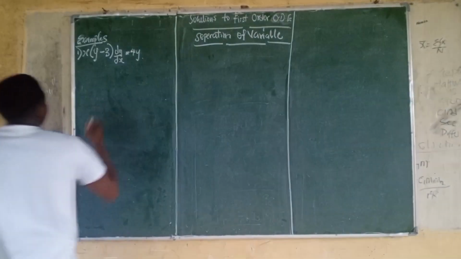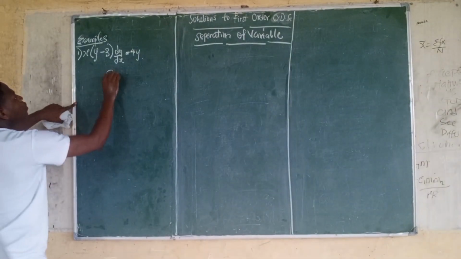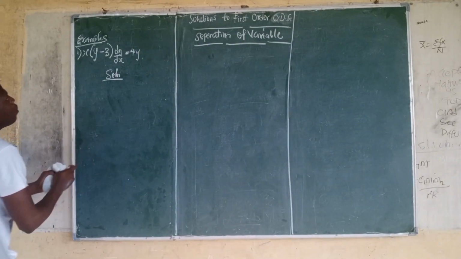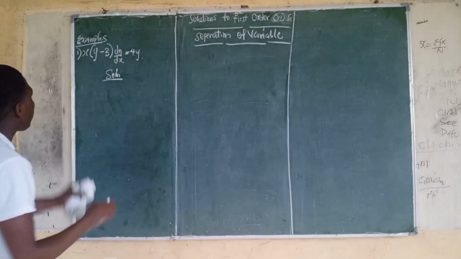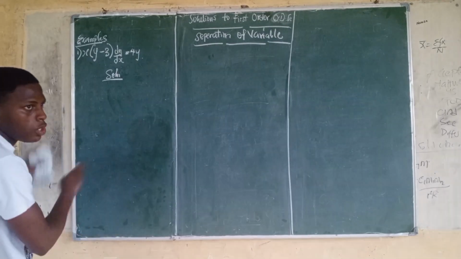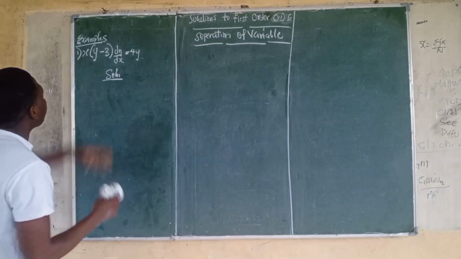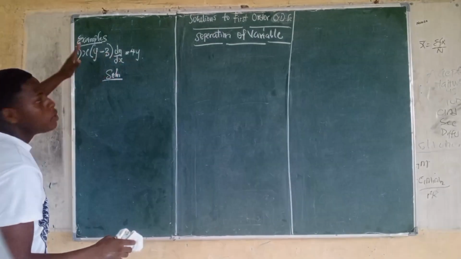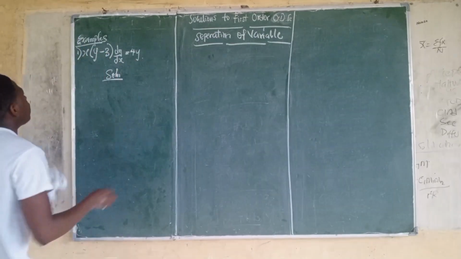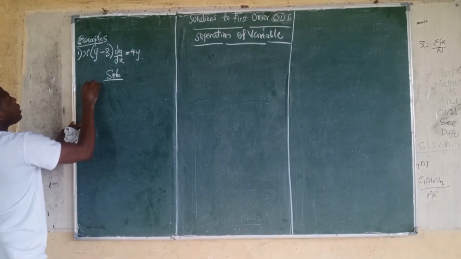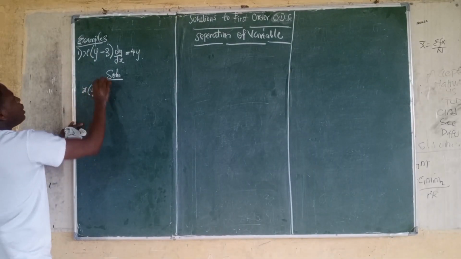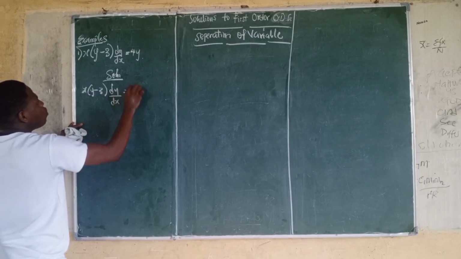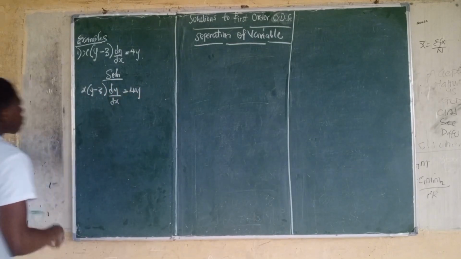Now, if you want to group this, the first thing is to group all those variables of y to one side and group those variables of x to the other side. Let's say we are grouping x to the right hand side and we are grouping y to the left hand side. Let's do that. We have x(y - 3) dy/dx = 4y.